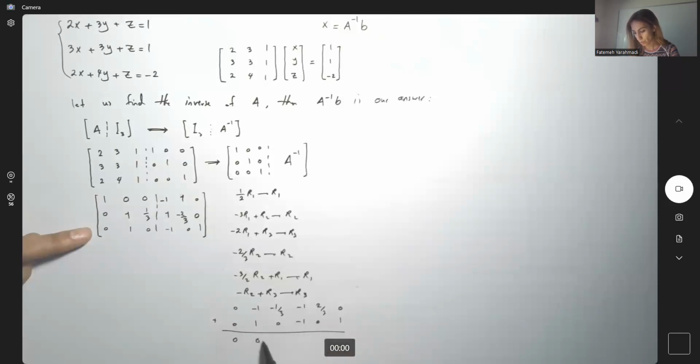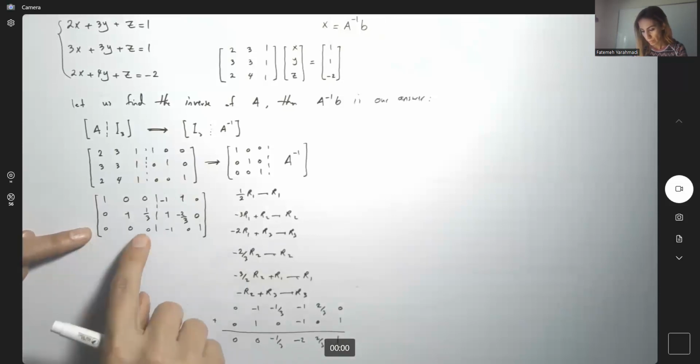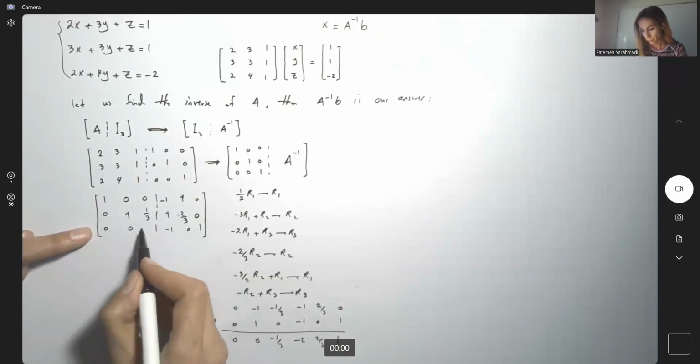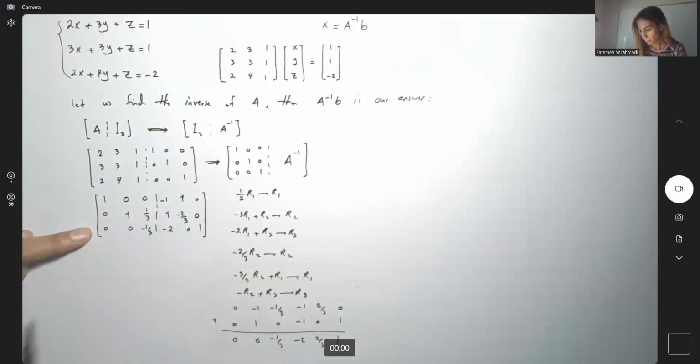So this is just 0, 0, negative a third, negative 2, 2/3, and 1. So here I have 0, then 0, negative a third, then negative 2, then 2/3, and 1.